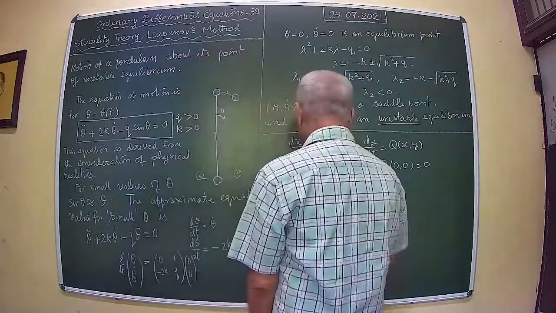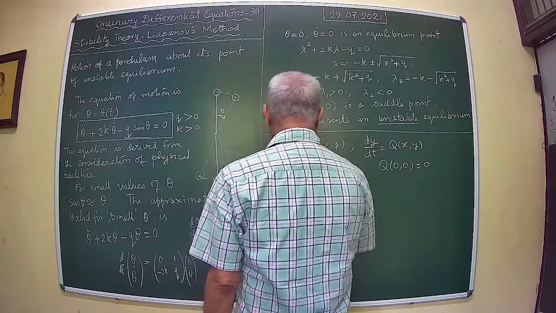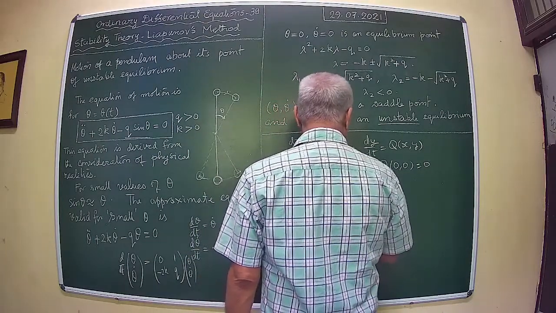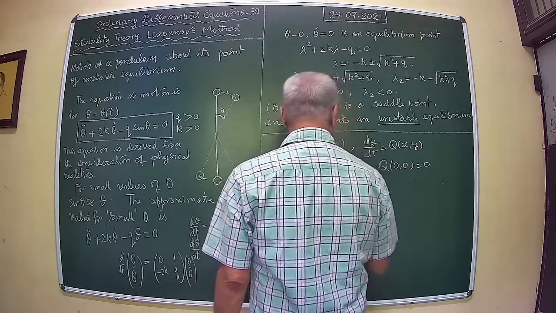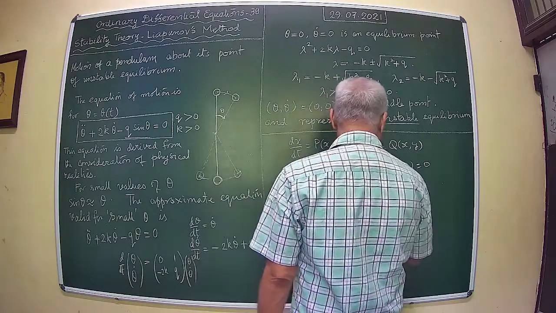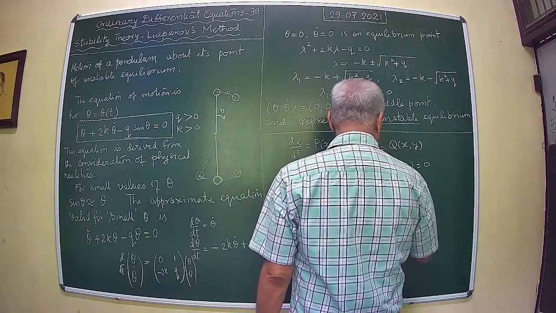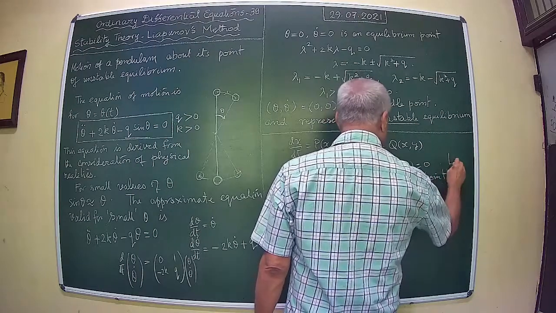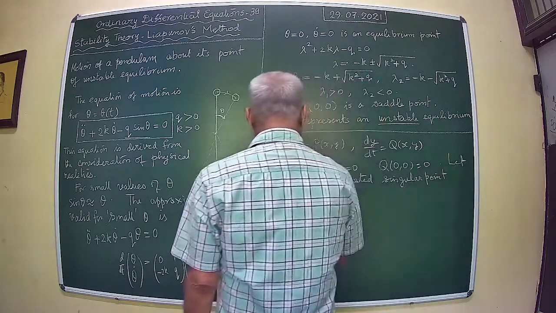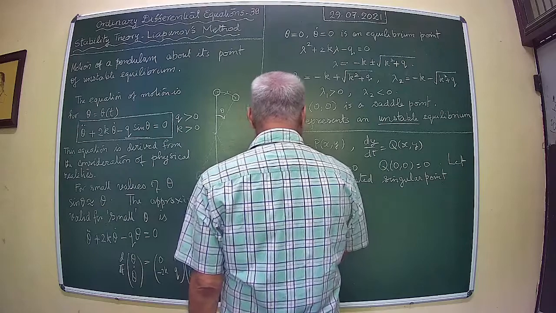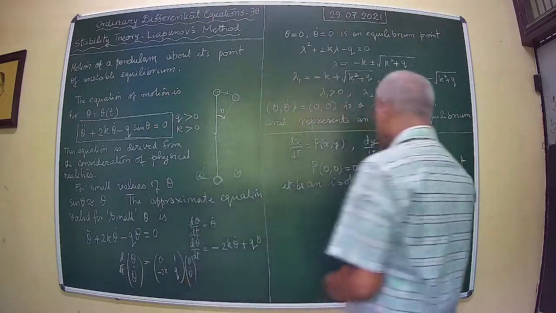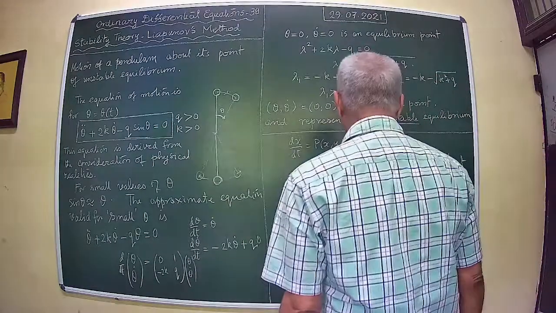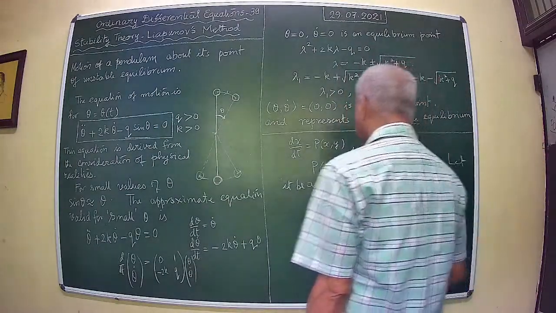We assume that it is an isolated singular point. Now what one does is expand P(x,y) and Q(x,y) in the neighborhood of 0, 0.